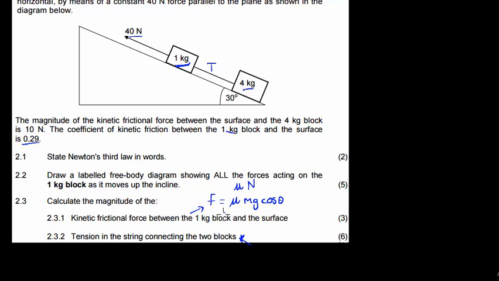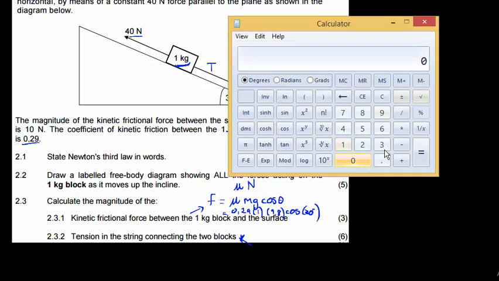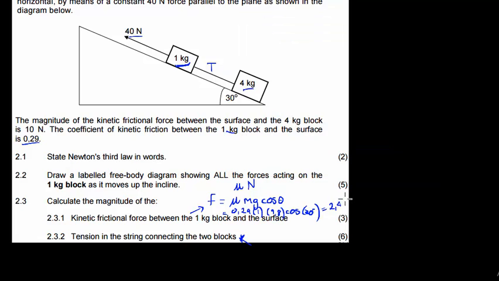So our mu is 0.29, mass is 1, gravity is 9.8, and then cos of theta, which is 30 degrees. If we calculate that, we've got 0.29 times 9.8 times cos 30 equal to 2.46. That's 2.46 newtons.